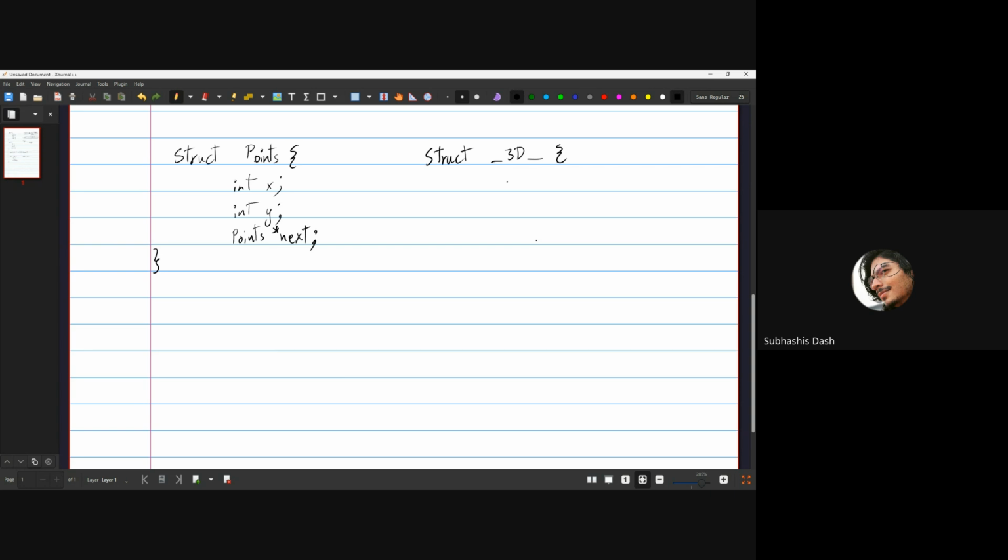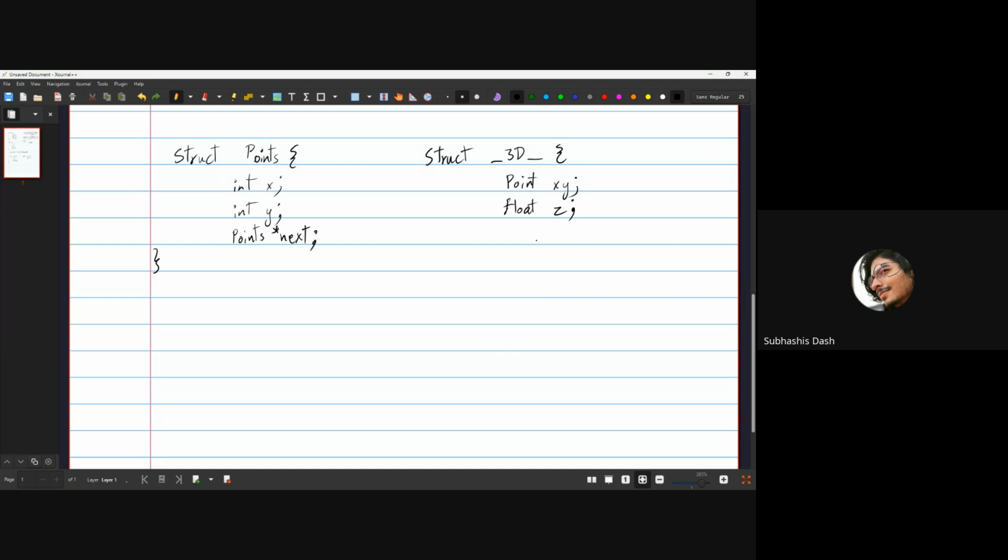Let's say we have int x, int y, float z, and then we have points over here with x, y, and then a separate float z.